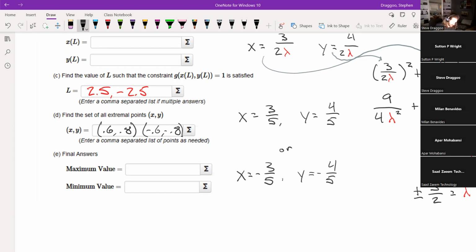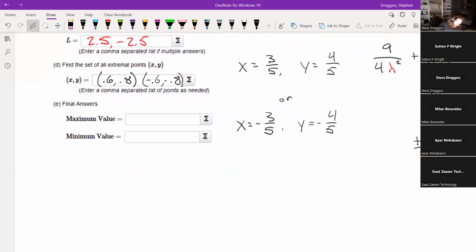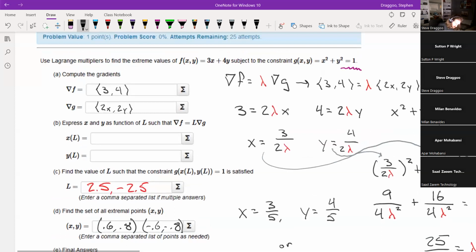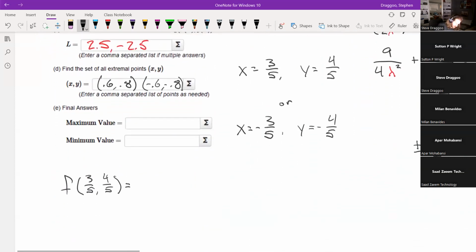So let's find the maximum value and minimum value. It just means plugging them both in. F of 3 over 5, 4 over 5. What was our function? 3x plus 4y. So that'll be 9 over 5 plus 16 over 5, which is 25 over 5, positive 5.